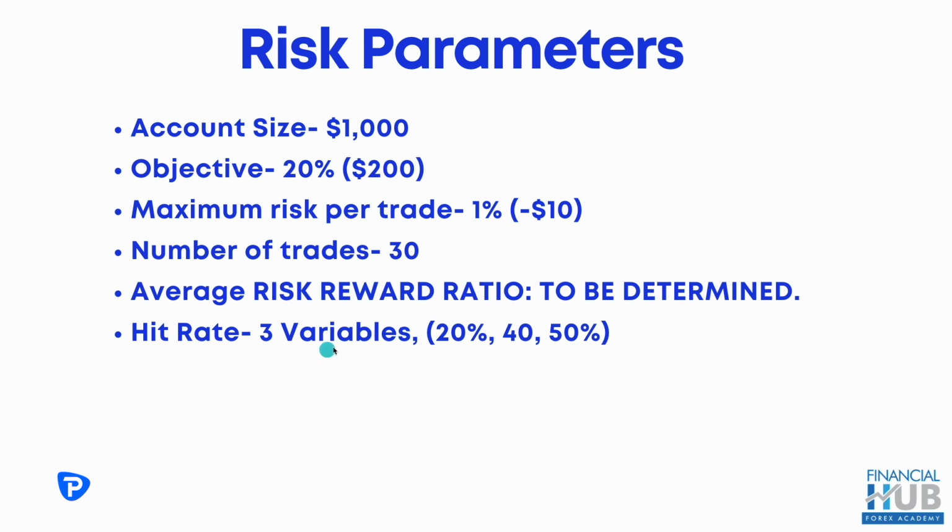So a trader who has a 20% hit rate, another trader who has a 40% hit rate, and another trader who has a 50% hit rate. We will now look at what is the average risk reward for all these people. So trader 1, trader 2, and trader 3. But for the number of trades, we will look at how many number of trades we need for a 40% hit rate.